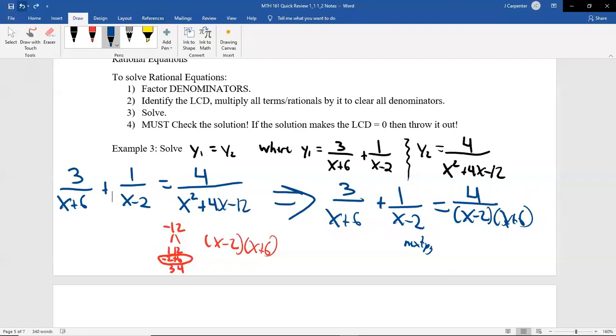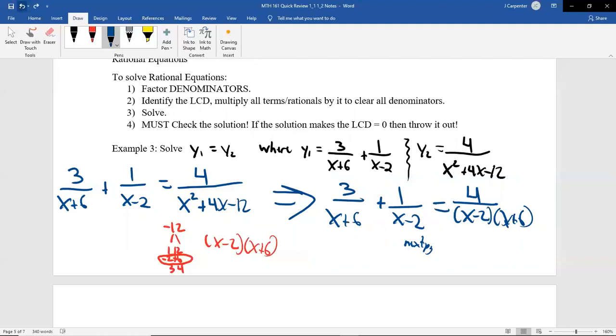So when we found an LCD of 12, one of the denominators was 3, one of them was 4. And 3 times 4, those are all the different factors, is 12. Remember, you have denominators of 6 and 4. Well, 6 is 2 times 3, 4 is 2 times 2, so your LCD has to be 2 times 2 times 3. All the different factors, but if there's multiples of any, you have to take the multiples.